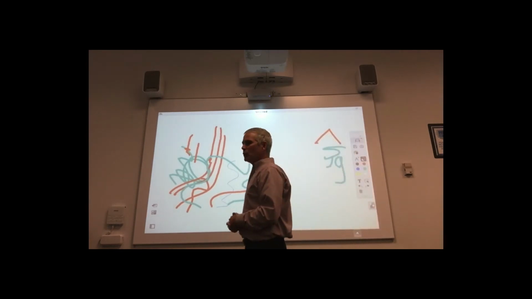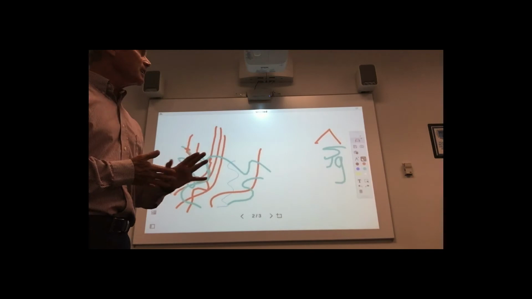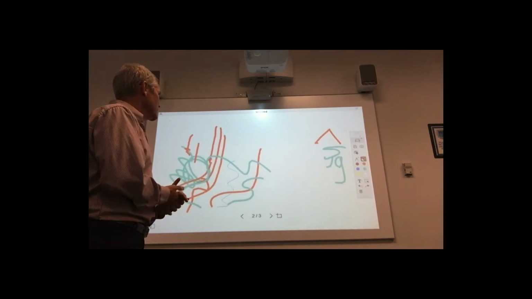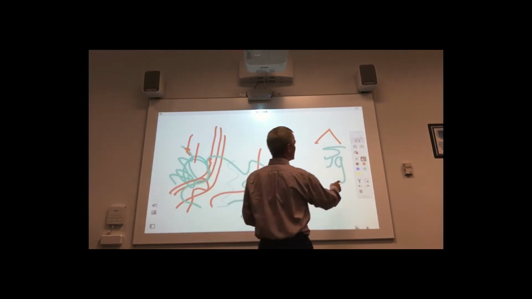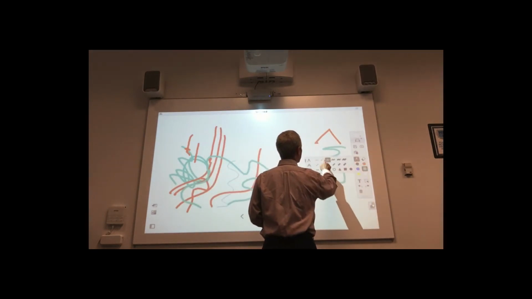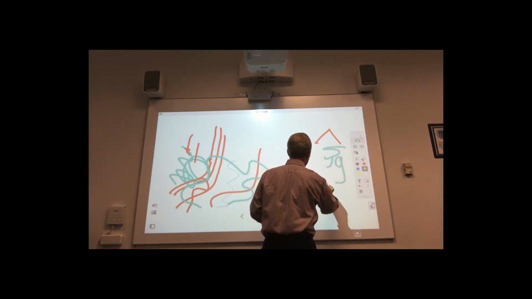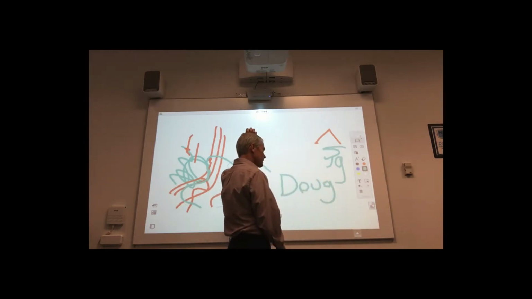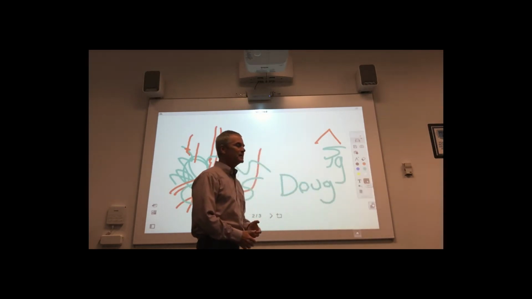Right now, what we have is a bunch of squiggly lines. And one of the advantages of the Epson program that I really like, actually, let me do this real quick. So we'll take Doug here, and I'm going to grab the select tool.